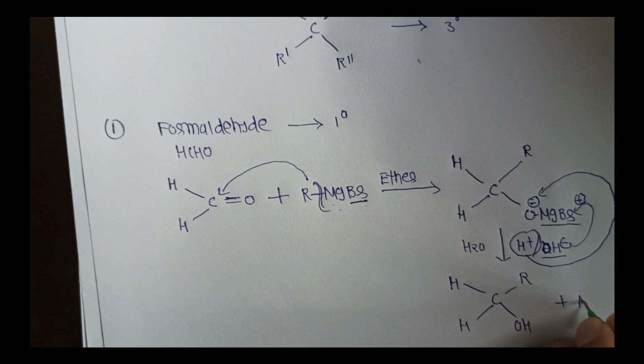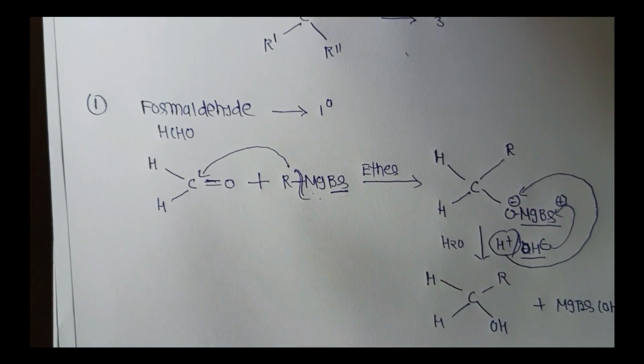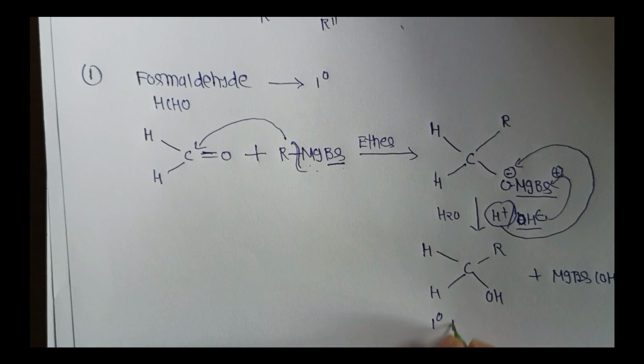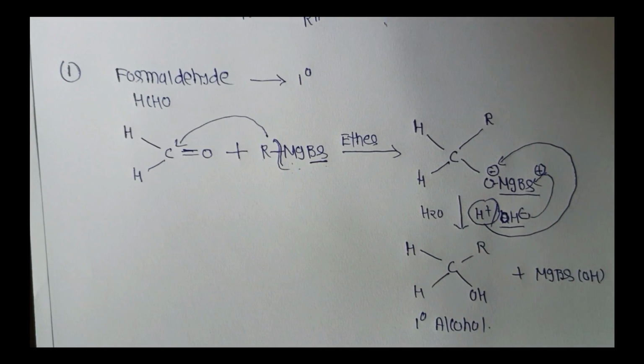So MgBrOH forms. This is our primary alcohol. This is the method of primary alcohol preparation.